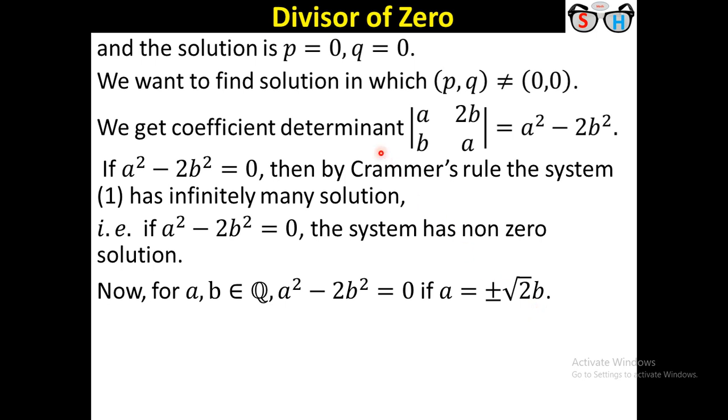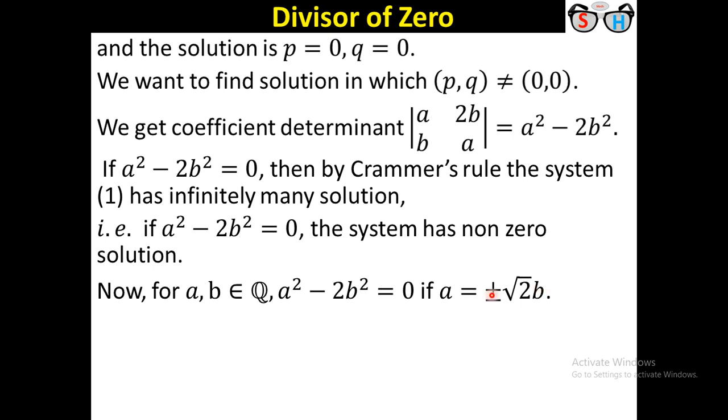since alpha is a non-zero matrix, therefore small a, small b are not both zero. So here we conclude that b is non-zero, because if b is 0, then a will be 0. That is, a, b are both 0, but here we consider non-zero matrix alpha, so you have to take b non-zero.